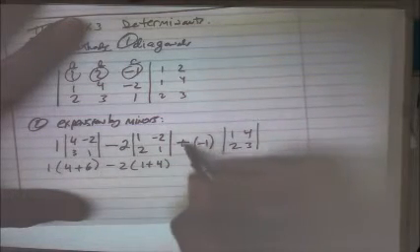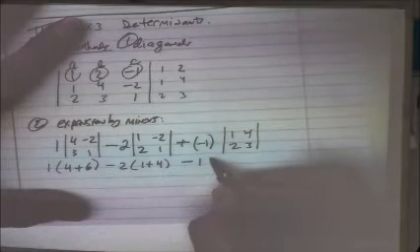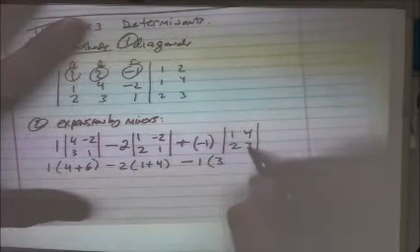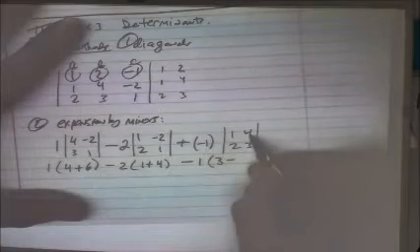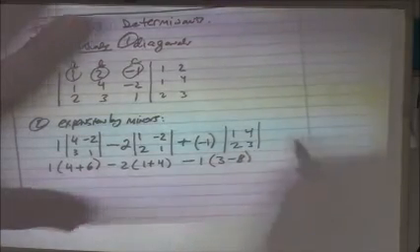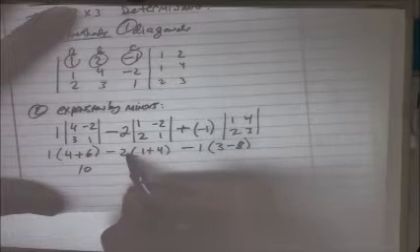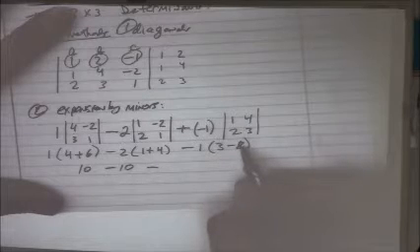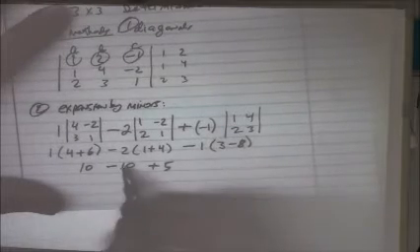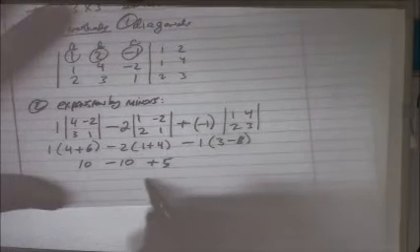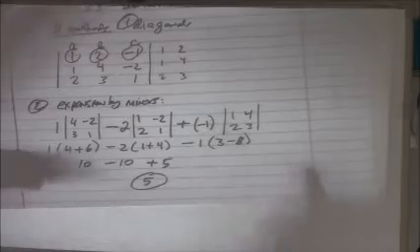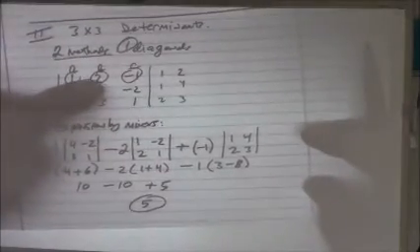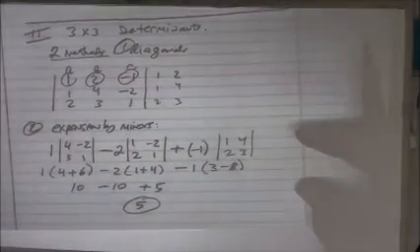Then plus or minus makes this minus 1 times 1 times 3 is 3, minus 4 times 2 is 8. So we have 1 times 10 is 10, minus 5 times 2 is 10, minus, well, 3 take away 8 is negative 5. Negative 5 times negative makes this a plus 5. So 10 take away 10 is 0, plus 5, our answer is 5. So this 3 by 3 determinant boils down to 5.